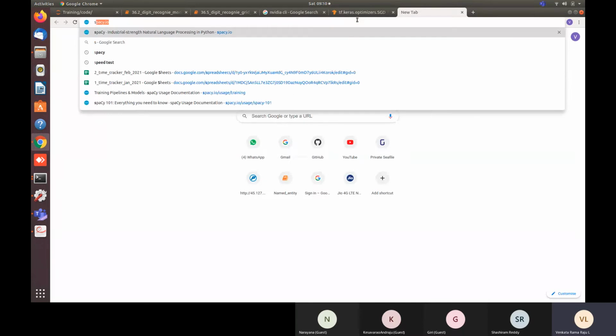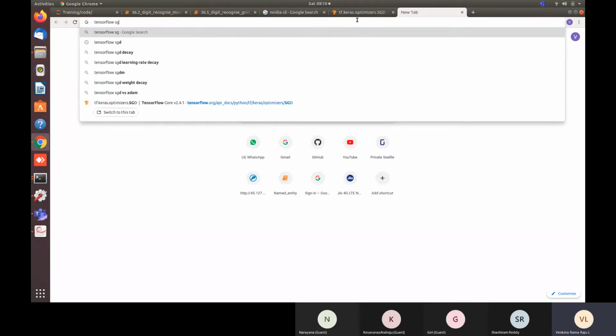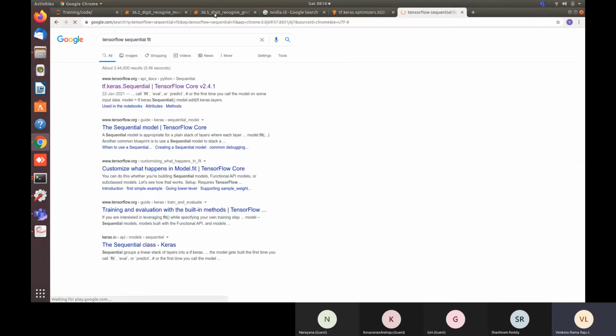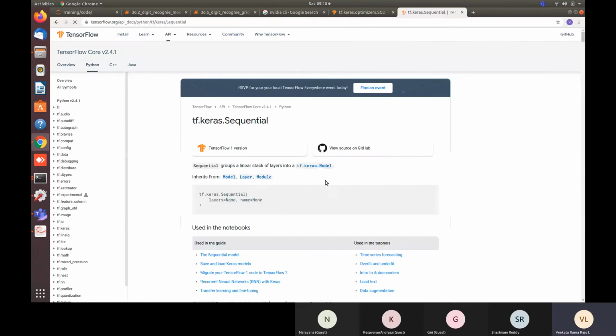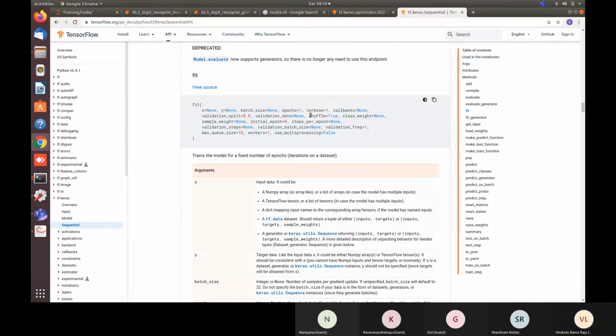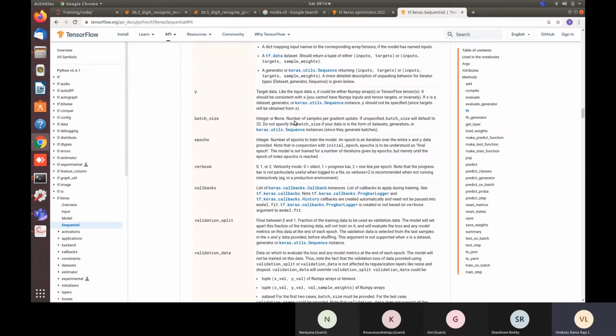Sequential fit. Number of samples per gradient update: if unspecified, batch size will default to 32.